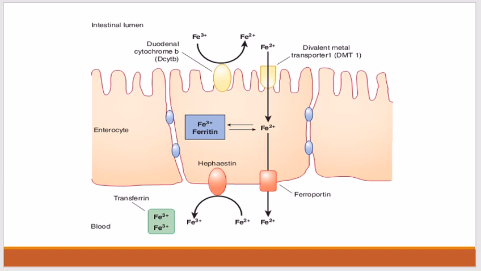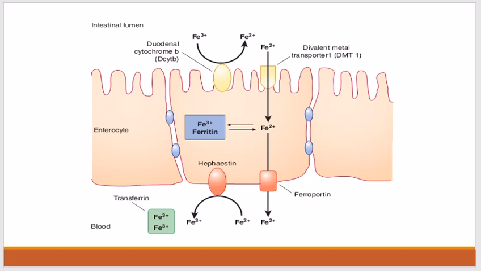In this diagram, it is shown that the non-heme iron is transported into the enterocytes, and the ferric ions are reduced to the ferrous form by the luminal ferrireductase and the duodenal cytochrome B. The ferrous iron is transported into the enterocytes via a divalent metal transporter, also known as DMT1, and within the enterocytes the iron is either stored as ferritin or it is transported out of the cell by ferroportin.